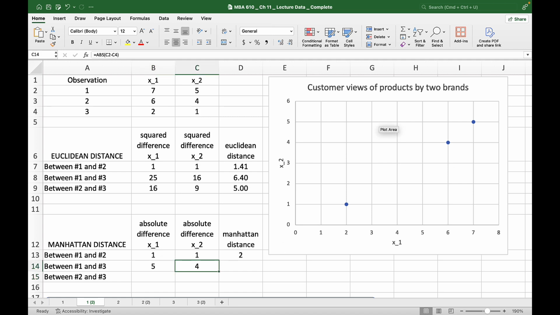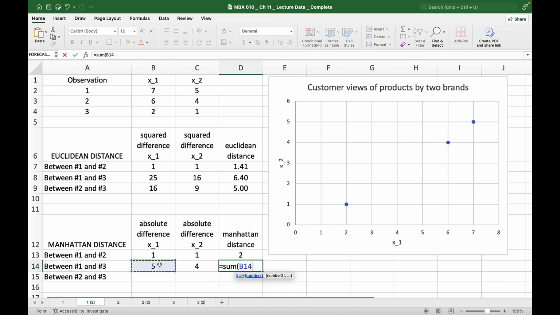And that makes sense here. When it comes to x1, which is Patagonia, we would have to travel 1, 2, 3, 4, 5, right? And then with North Face, we'd have to go 1, 2, 3, 4. So the total Manhattan distance is just going to be a sum of those two values. Nine.